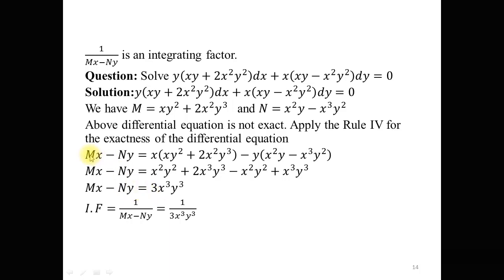Find Mx minus Ny: the M function multiplied by x, the N function multiplied by y, and after multiplication and subtraction we obtain Mx minus Ny equal to 3x cube y cube. These two terms cancel, and 2x cube y cube plus x cube y cube is equal to 3x cube y cube. So the integrating factor, 1 over Mx minus Ny, is equal to 1 over 3x cube y cube.